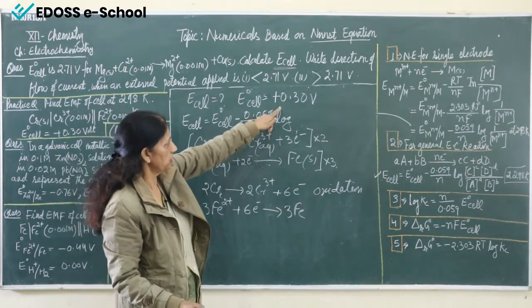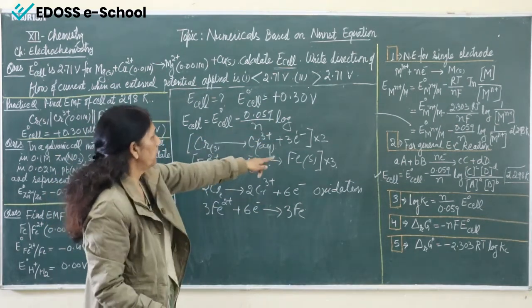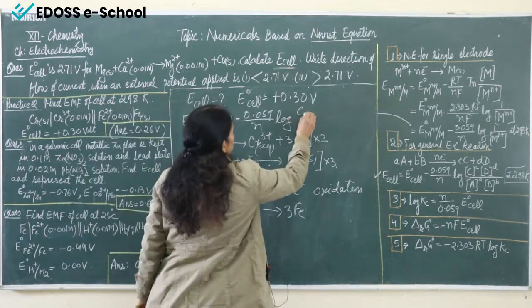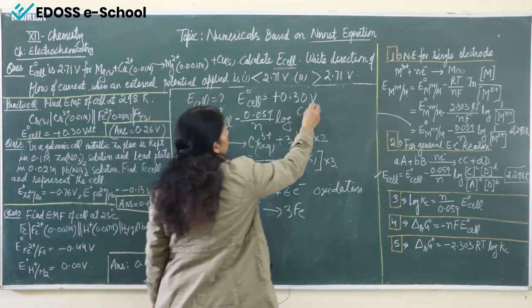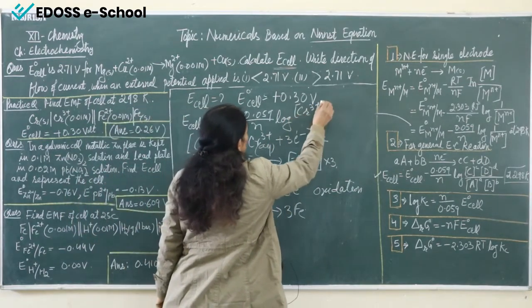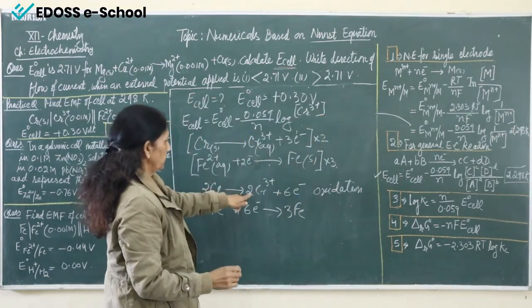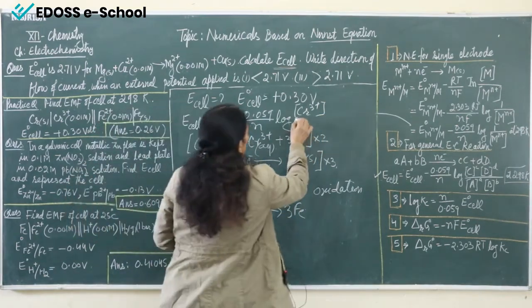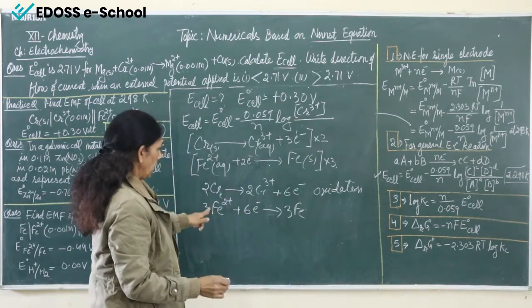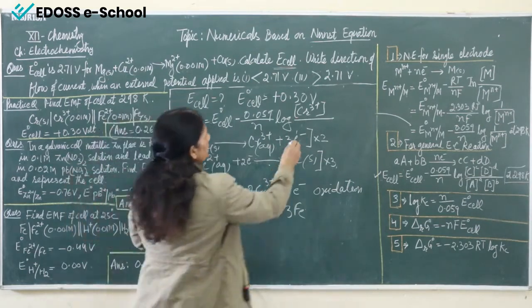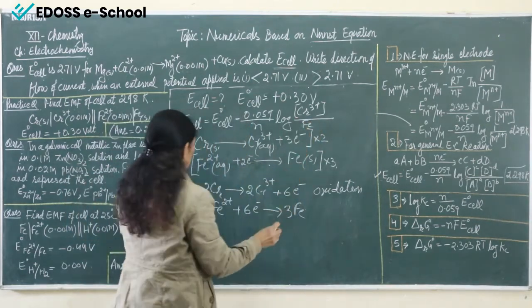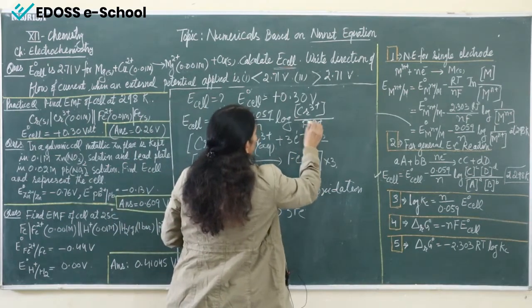Okay, now here in the log, what we will put? First we will put the chromium ion concentration, so this is Cr 3 positive concentration, and upon this is the Fe 2 positive ion concentration.